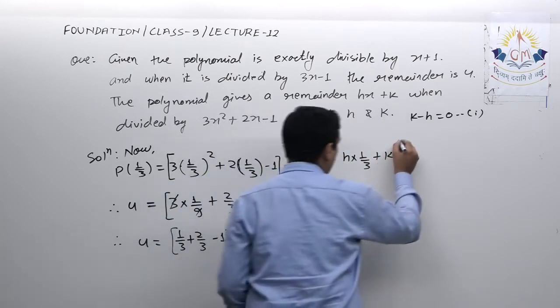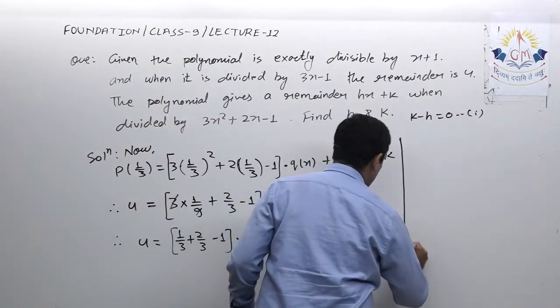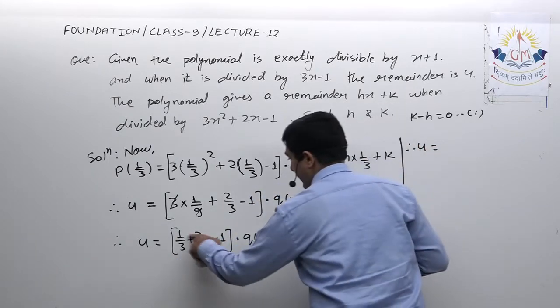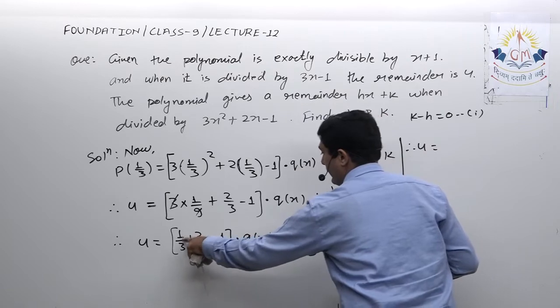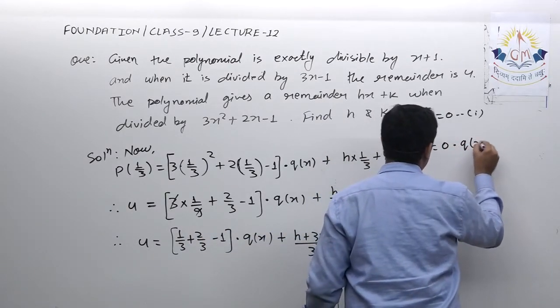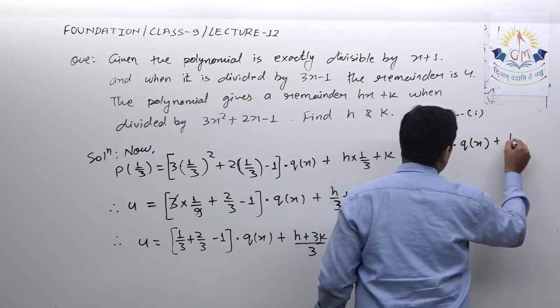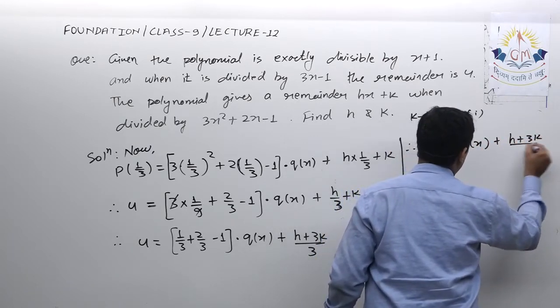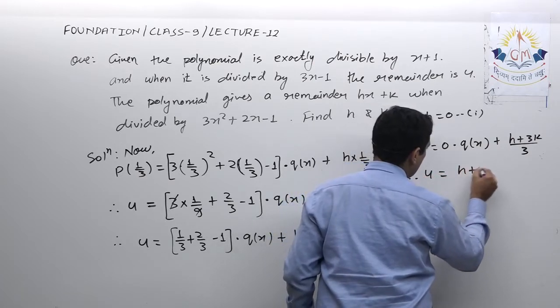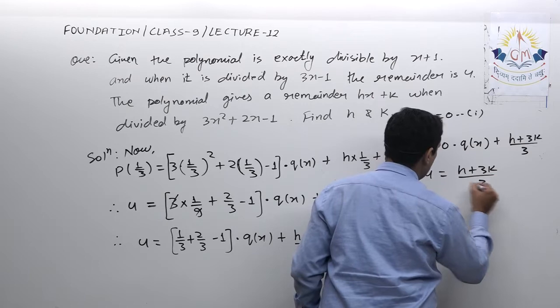Now on solving it further, this is almost done. See here, 4 is equal to 1 by 3 plus 2 by 3, that is 3 by 3, that is 1. 1 minus 1 is 0. So 0 multiplied by qx plus h plus 3k upon 3. So 4 is equal to h plus 3k upon 3.